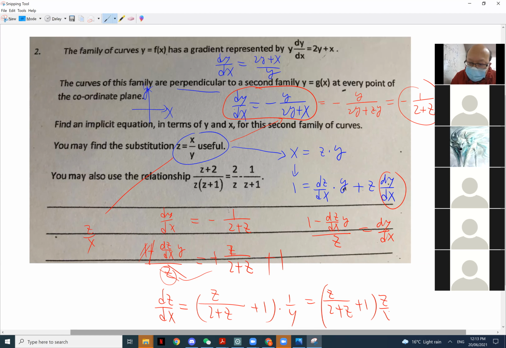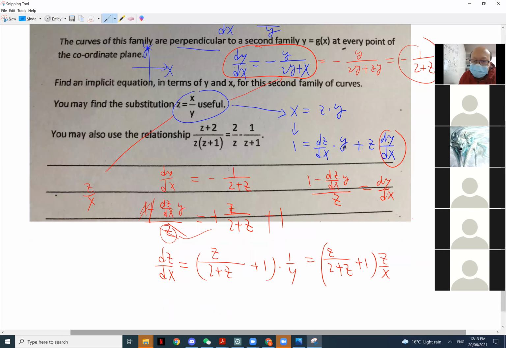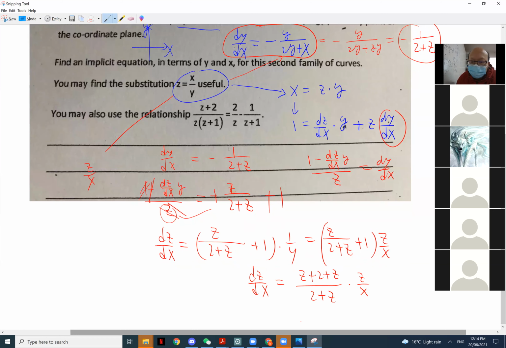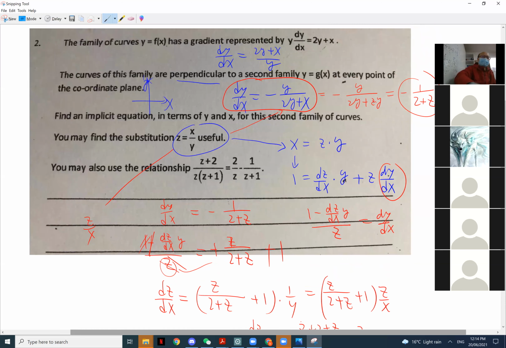Z over x. Yeah, we're checking a question from scholarship calculus. It's very annoying. So dz/dx just equals. I better print out this question for you.